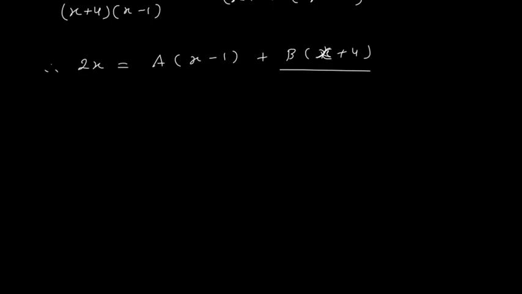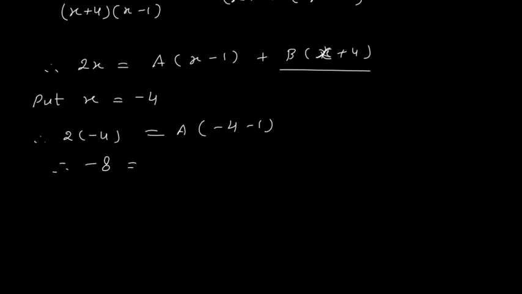So put x equal to minus 4, as this is an equality, so for any value of x, both sides are going to be equal. So therefore we have 2 into minus 4 is equal to a into minus 4 minus 1. Therefore minus 8 is equal to minus 5a, and I have a equal to 8 upon 5.